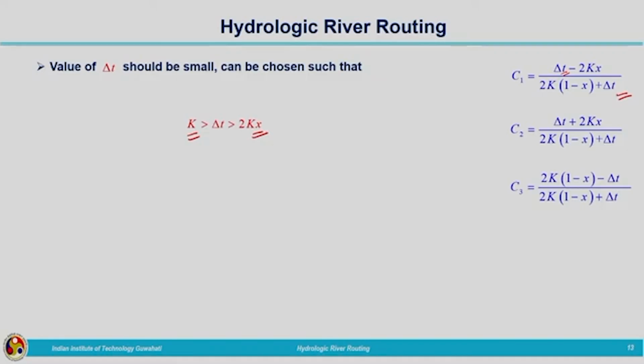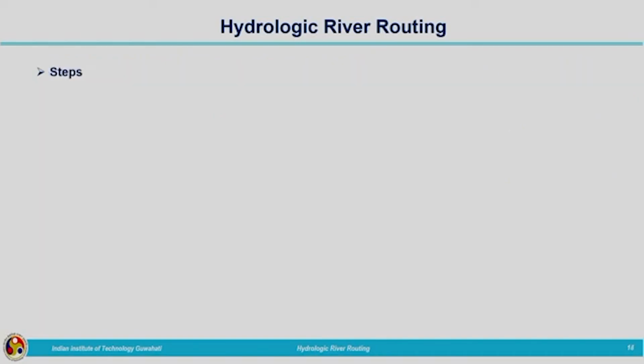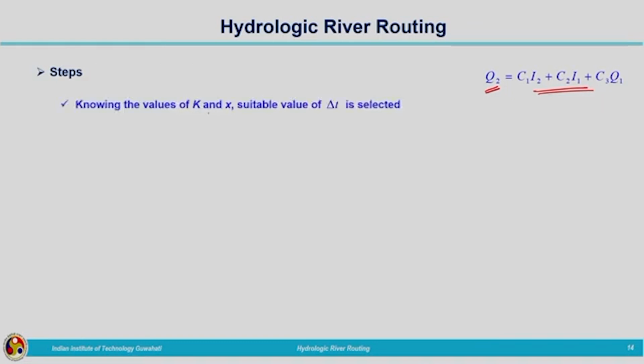Now, let us move on to the different steps involved in the Muskingum flow routing. This is our routing equation which gives the unknown value Q2. Knowing the values of k and x, a suitable value of delta t is selected. We have seen that based on k and x, delta t can be chosen appropriately. It should be small, at the same time it should not be less than 2kx.